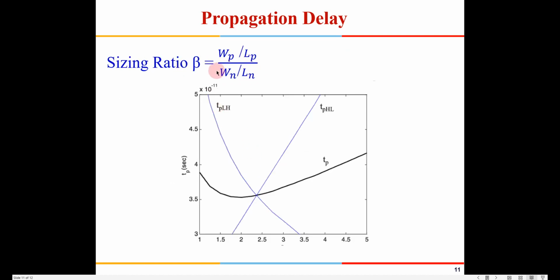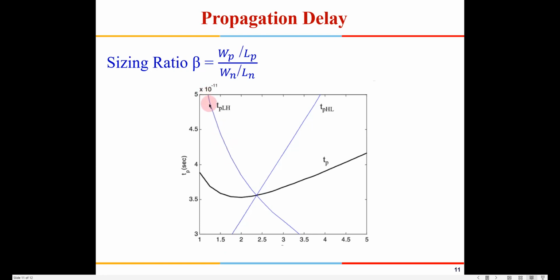Now we also define the sizing ratio beta, which is WP by WN, if LP and LN are constant. If you keep increasing the width of the P, you will find the rise time is decreasing, because now P is stronger.